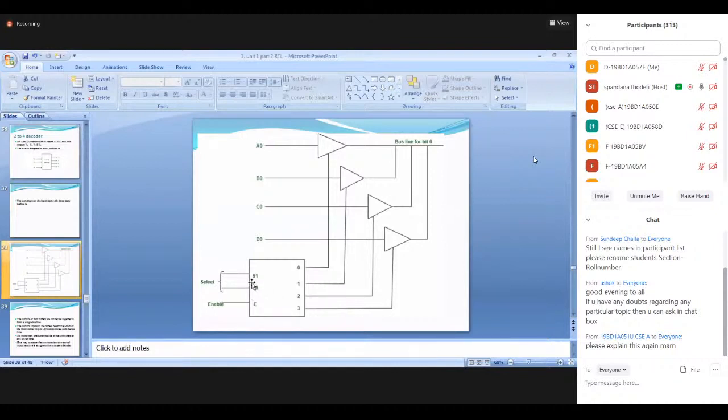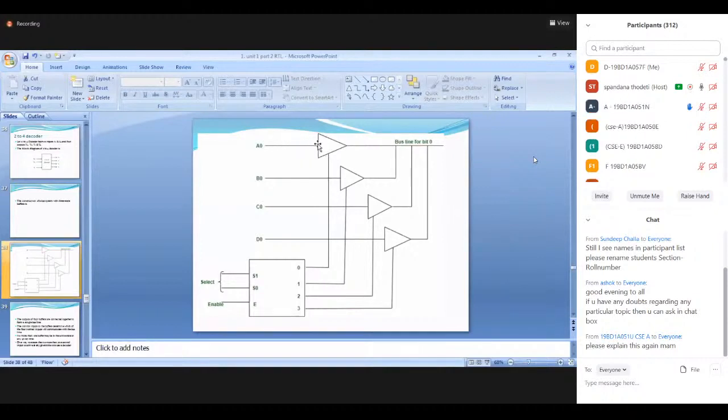Now, the 0th line of this decoder is connected to the tri-state buffer for A0. So this is the tri-state buffer. Here I am considering 4 registers A, B, C, D, each of size 4 bits. I told you that the tri-state buffer has an input, an output, and a control input.